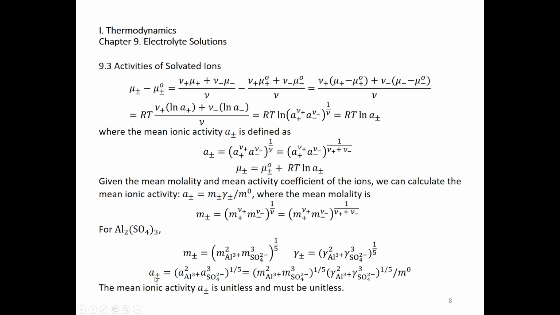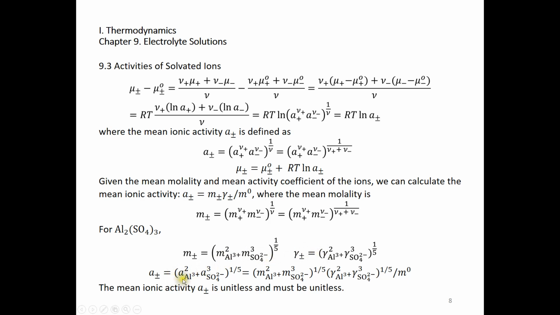Now let's look at the mean activity. Again, A sub plus minus, it's the activity of aluminum 3 plus squared times the activity of sulfate to the power of 3, and then raised to the power of 1/5. We can actually separate this A into m multiplied by gamma.